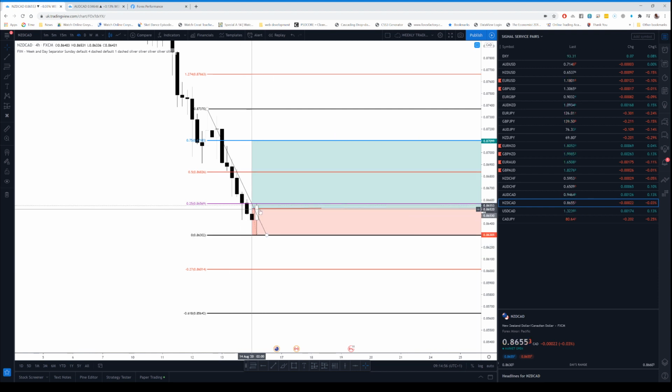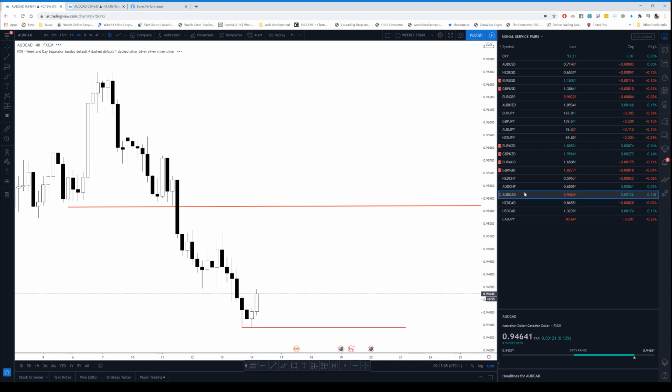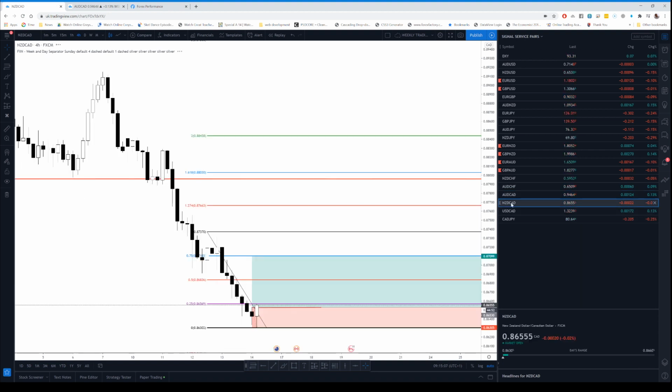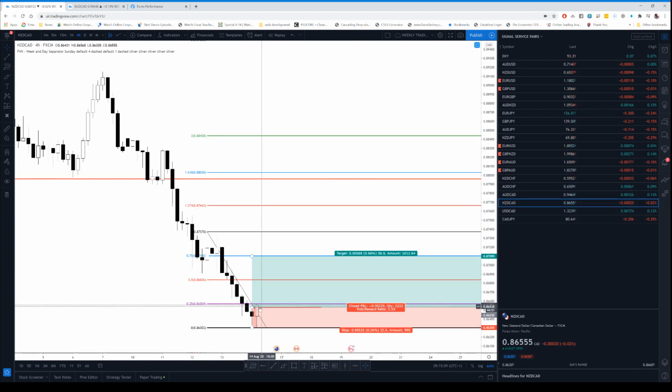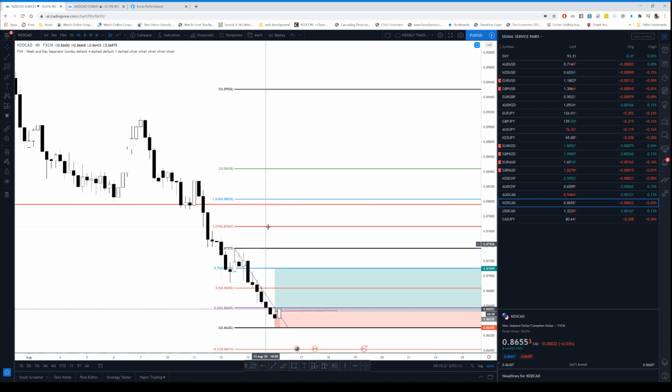Okay, so we do have a rejection in here, so maybe 50% of this range is possible. So between Aussie Cad and this one, I think this one is yet to move, so maybe focus on this, and then once we see that close, you can get 50% and hold on to some of it, because it can potentially go higher than that.